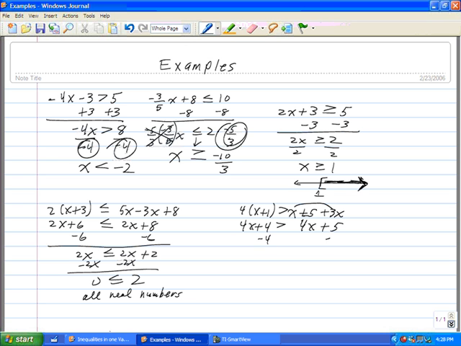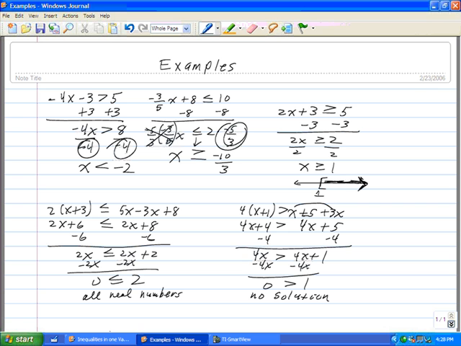Subtract off the 4, and I get 4x greater than 4x plus 1. Subtract off the 4x, and I get 0 greater than 1. Again, it's important to notice the variables have all disappeared. And this time you're left with a false statement. So you can reach the conclusion that this problem has no solution.